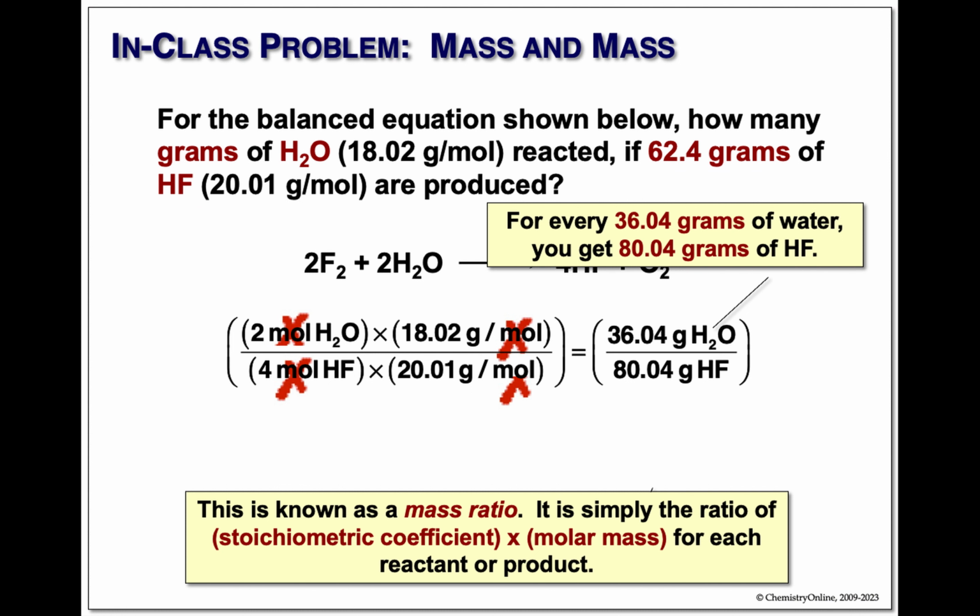If we had 36 grams of water, this tells us we would get 80 grams of HF. Okay. So, once again, the mass ratio, stoichiometric coefficient, that's our 2 and our 4, multiplied by molar mass, 18 and 20.